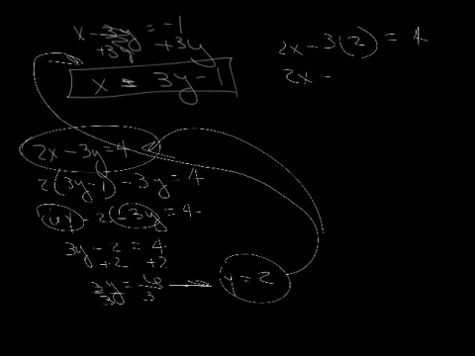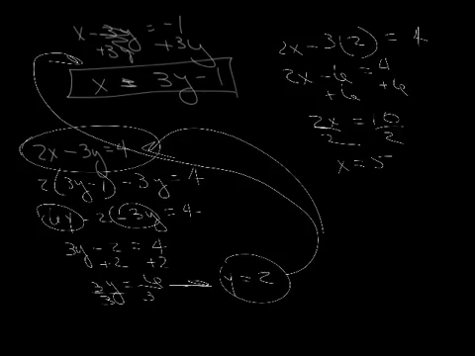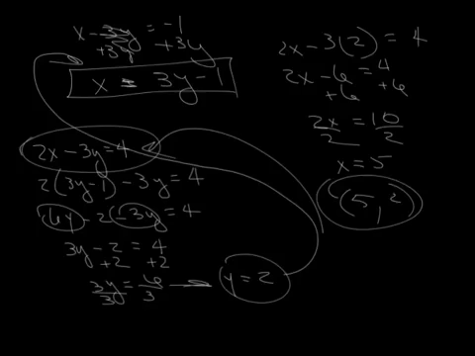So 2x minus 6 equals 4. And my x equals 5. So my answer is 5, 2. So again, that's where those two lines cross. That's what they have in common with each other. And remember to put the x first and the y last.